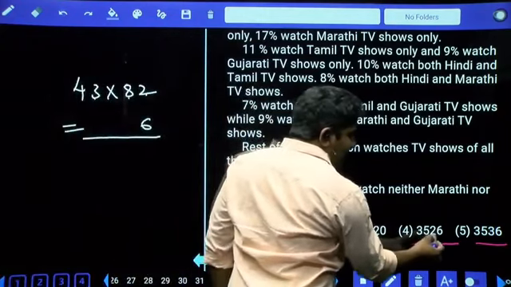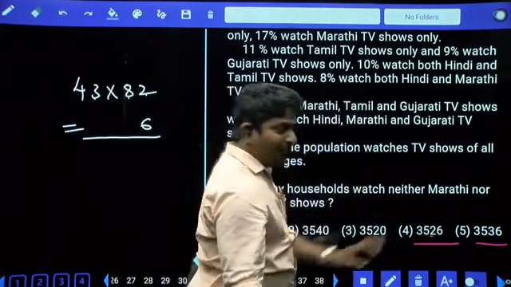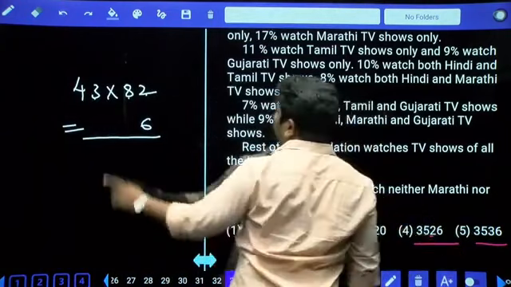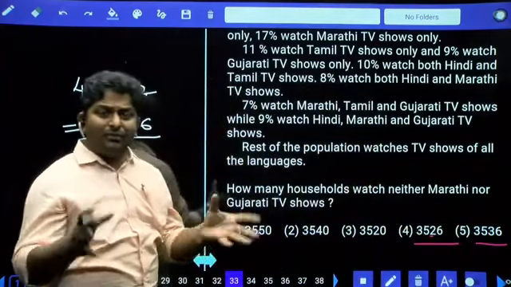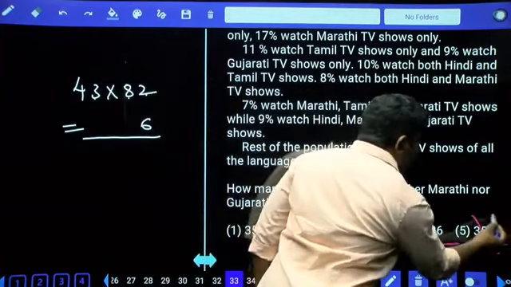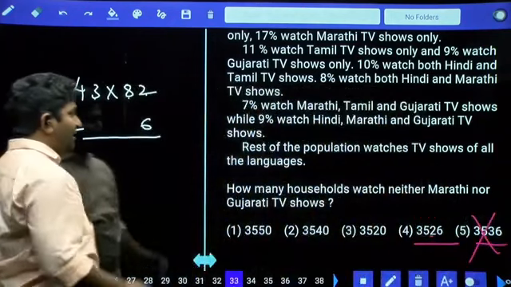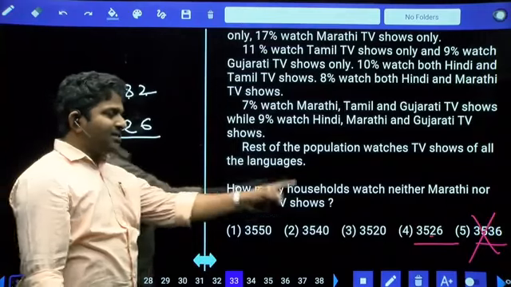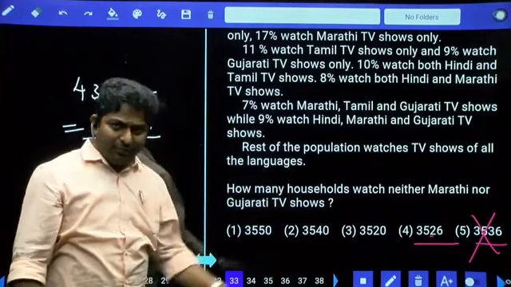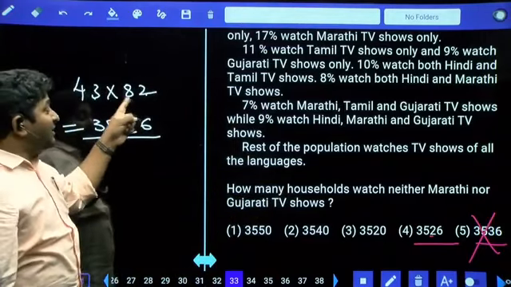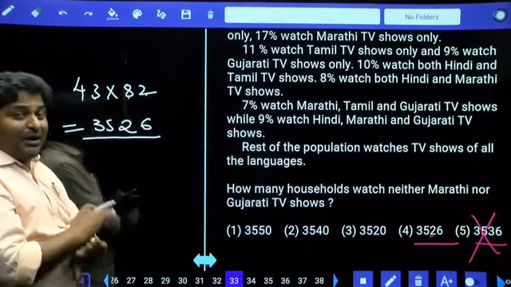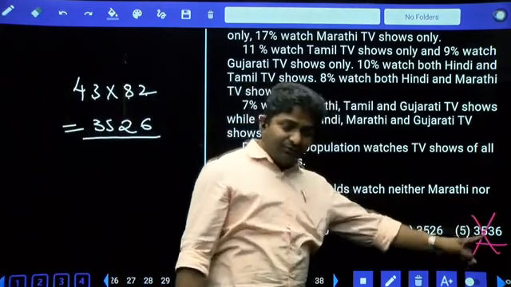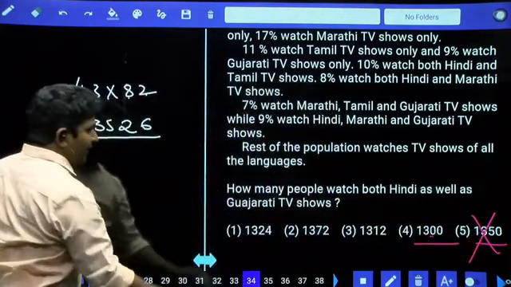So 26, the last two digits, is a multiple of 2 but not a multiple of 4. 36 is a multiple of 4. When our number is not a multiple of 4, how can we get a multiple of 4 as the final answer? We will not get it. Hence 26 is our final answer, because our original number has only a multiple of 2 but not of 4. We are eliminating the fifth option because it is a multiple of 4, and the second option is our final answer.